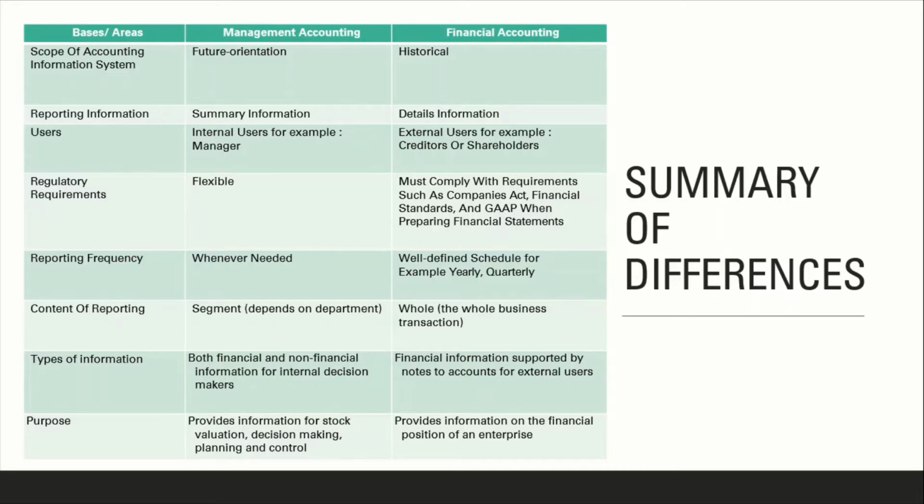It is not the actual information. It is used for future plans. Okay, while for financial accounting, they use information that has already happened, actual information. They portray the actual information in a financial statement.